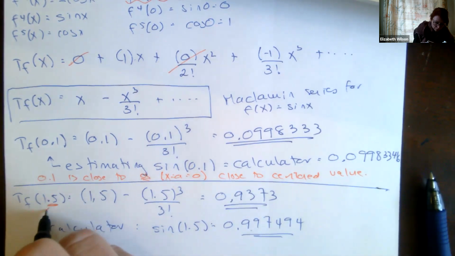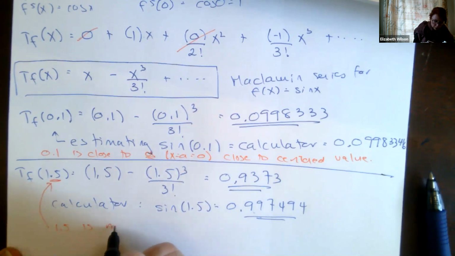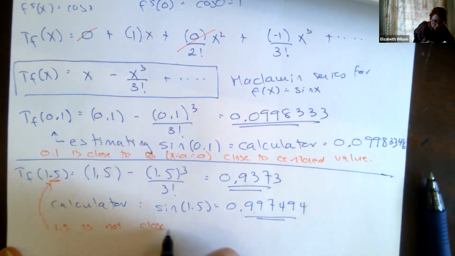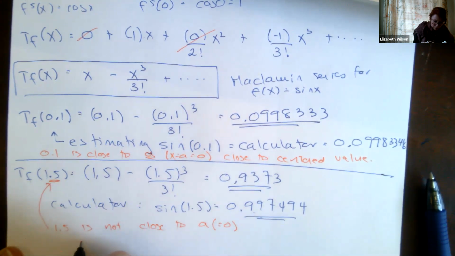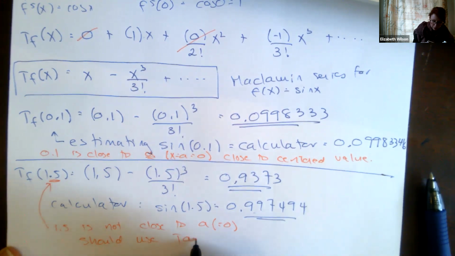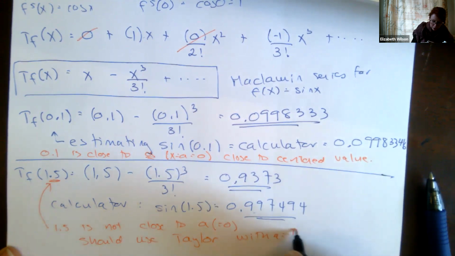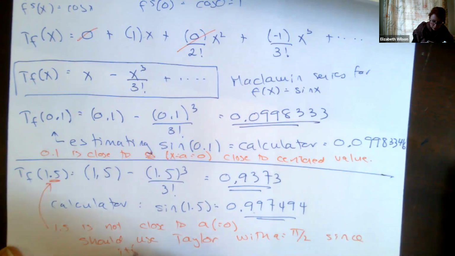So 1.5 is not close to A, which is equal to 0. We should use Taylor with A equals pi over 2, since it's closer to 1.5 in value.